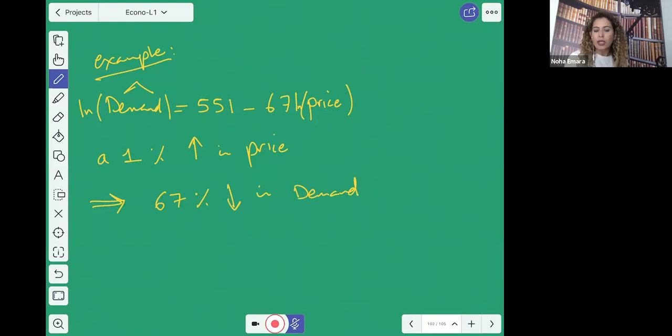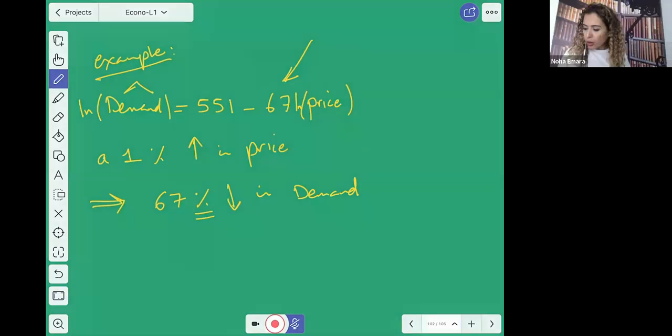It's the easiest because you just take this coefficient and add the percentage symbol. You don't have to multiply by 100 as we did with the log linear, and you don't have to divide by 100 as with the linear log. You just take the number and add the percentage symbol. Okay, do you guys have any questions? All good.